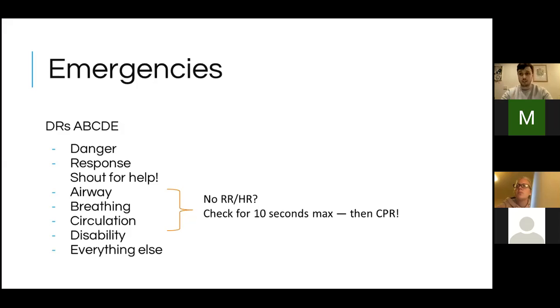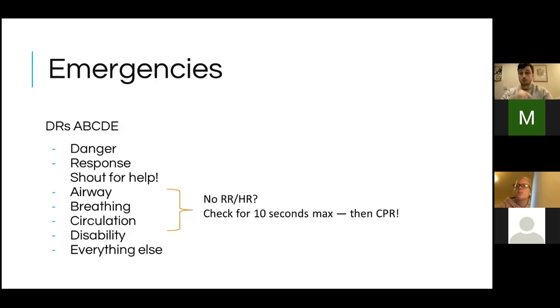So if someone does collapse on you, or you're asked to assess an unwell patient, outside of a clinical setting, so this is outside of a hospital, it's important to ensure that there is no danger, and if there are dangerous obstacles, to remove them, checking the response of the patient, and if the patient isn't responsive, then shouting for help, and then assessing the patient in an airway, breathing, circulation manner.